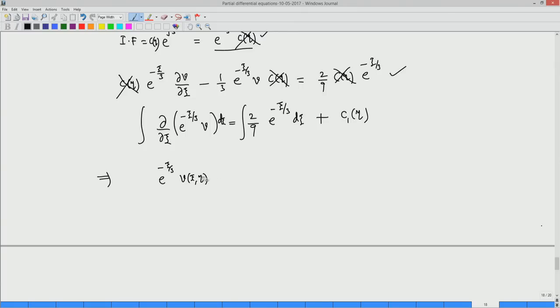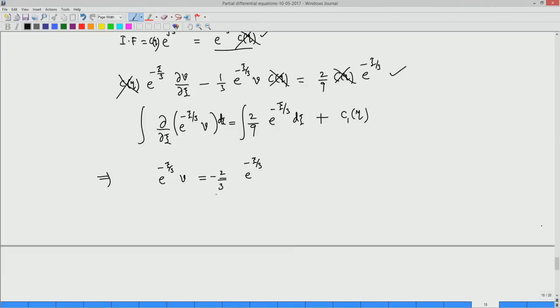So, v is an unknown function. This is equal to, 2 by 9 comes out, e power minus xi by 3, so minus 6 by 9, that is 2 by 3.